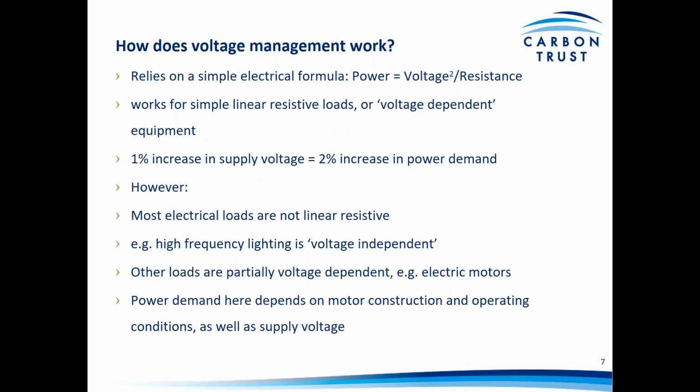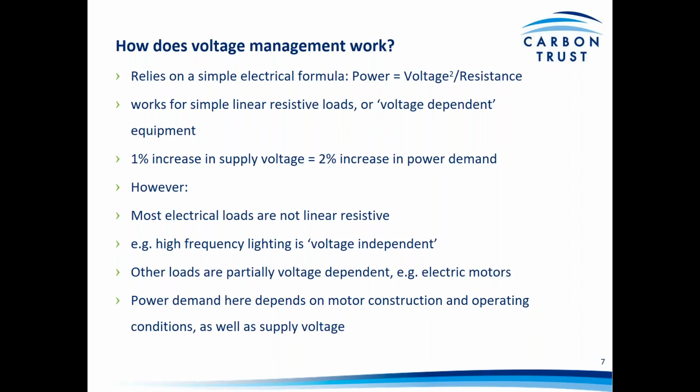At the same time, you also have other types of loads. To give another example, an electric motor is what we would describe as a partially voltage dependent load. For a fixed speed motor, the power demanded by the load on the output shaft is often independent of the supply voltage, but some of the losses that result from the motor operating inefficiently are voltage dependent.